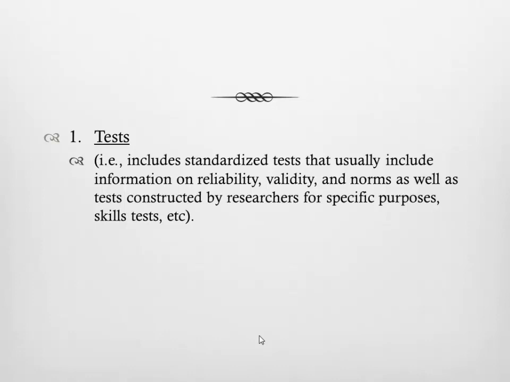The alternative is to develop your own test. And we talked about the fact that sometimes there is not a test in existence that answers your question or answers it in the way that you want to have it answered. So the alternative is to develop your own test, and issues there are that you do not have the information about reliability, validity, and psychometrics in general.